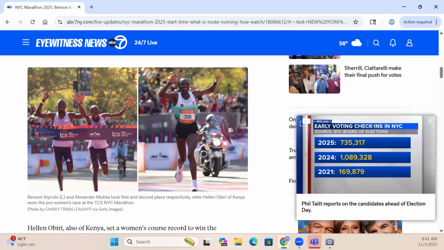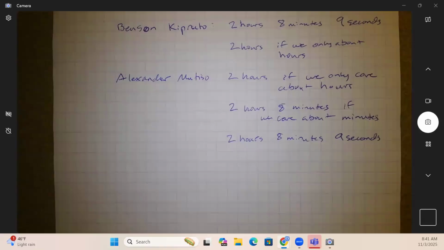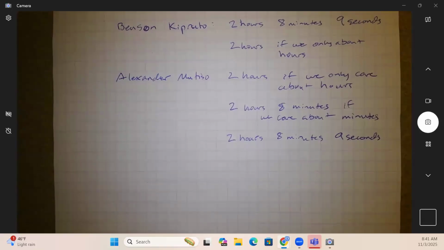So Benson Kipruto won by, I'm going to have to make this up because they don't tell. Actually, they probably have it. Let's see. No, they literally listed it to the second. I guess they don't keep track, but the photo finish showed you who won.